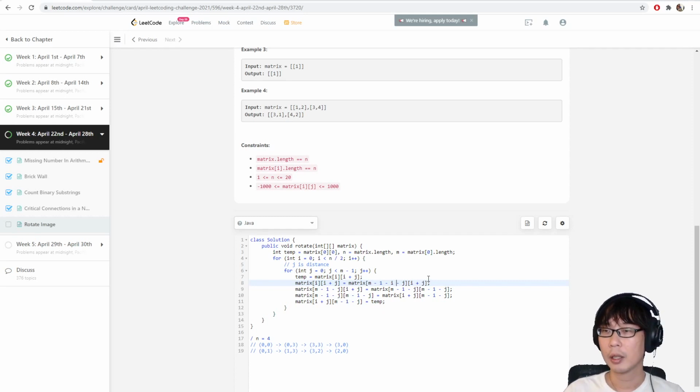Okay, now the starting point is n minus 1. And I'm getting confused.